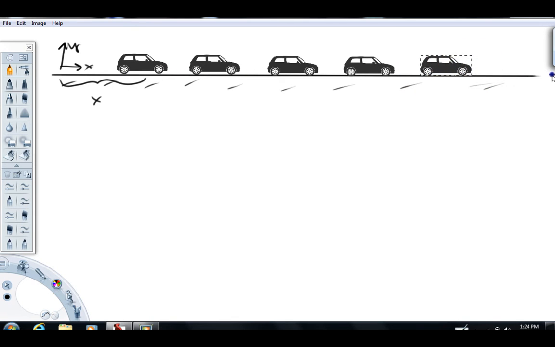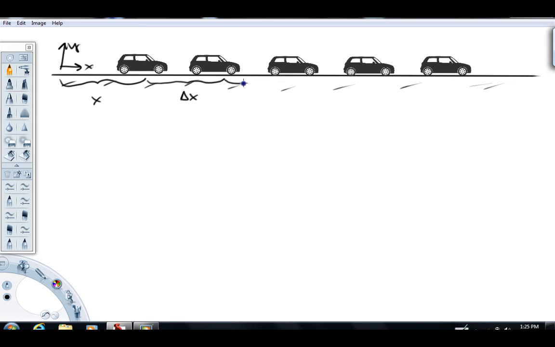What I've done now is draw what are called motion diagrams, just snapshots in time. And I'm going to label the change in position of the car. So x represents the position of the car. This distance, measured from here to about the same point, is a delta x, a change in position for the car.